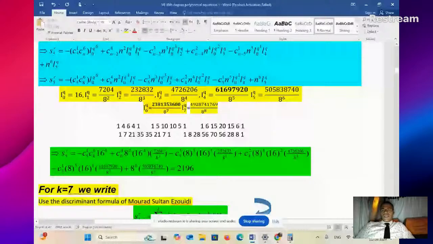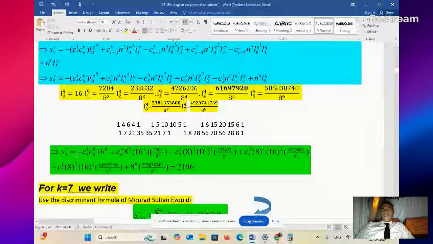You use it and you get the exact value, which is 2,196. So now we got S5, which means you find the sixth coefficient of your new eighth degree equation that you are going to use afterwards to find the absolutes of this polynomial.